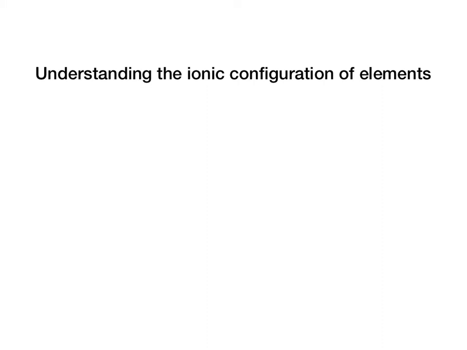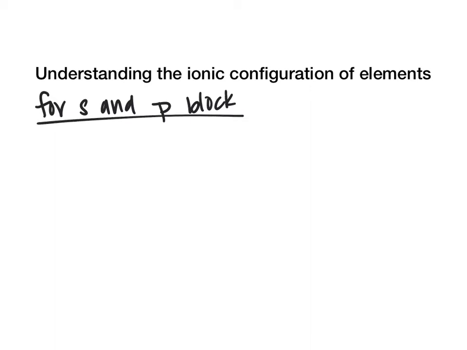It's important as we think about ionic bonds to be able to think about what the electron configuration could be for S and P block elements. For sodium, we have 1s2, 2s2, 2p6, 3s1.